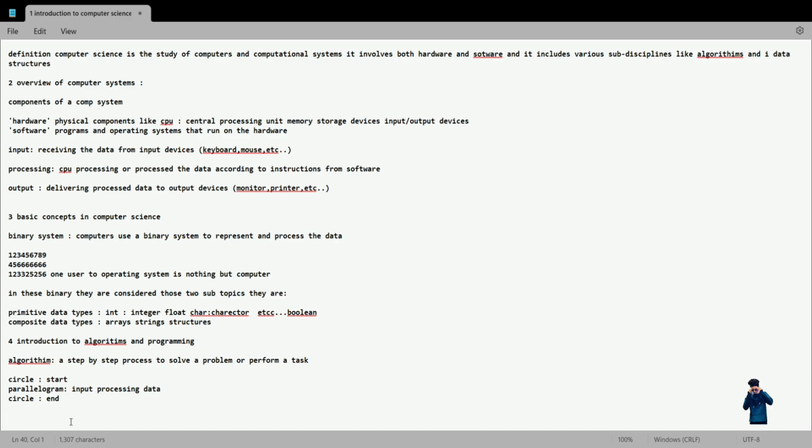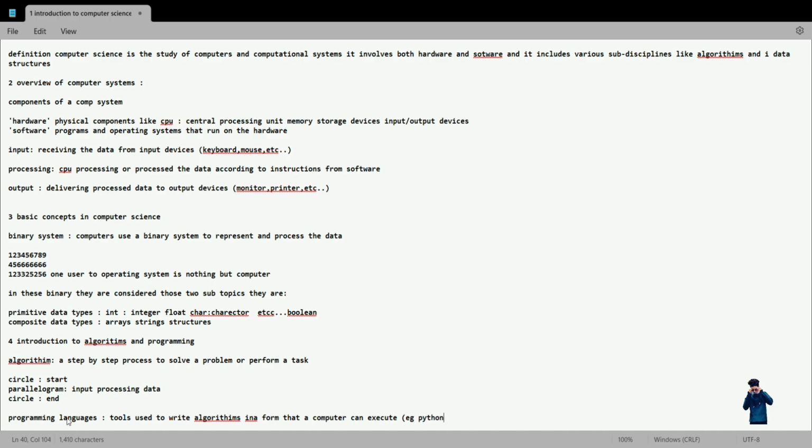After completion of this algorithm, we want to know about programming languages. Programming languages are tools used to write algorithms in a form that a computer can execute.